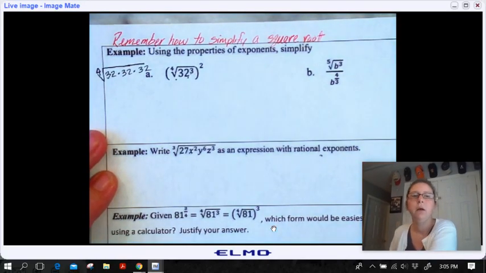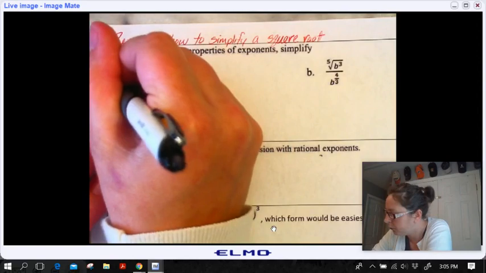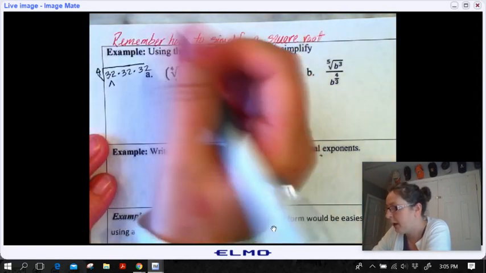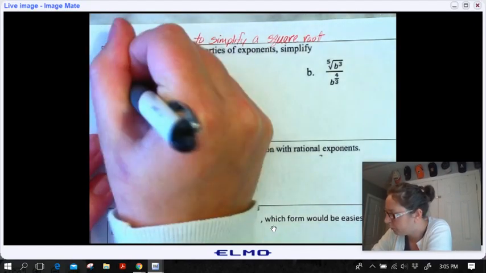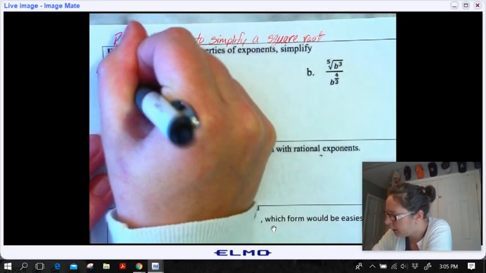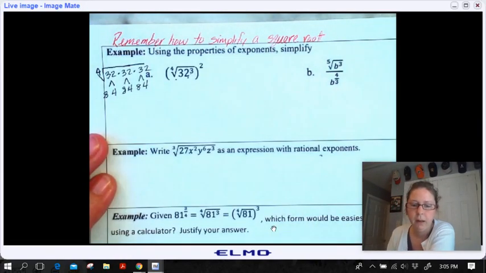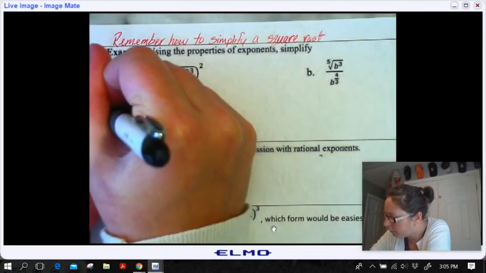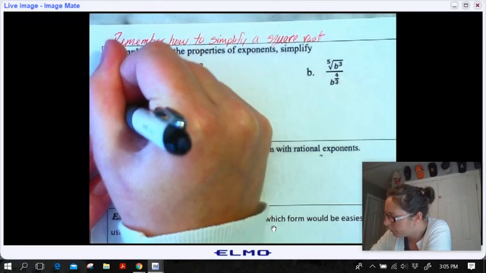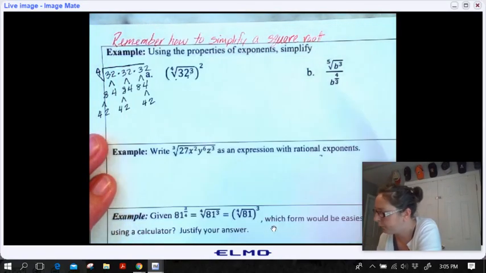Okay. Next, what I need to do is break these down further. So this would be the same as 8 times 4. And actually, they all would. 8 times 4. Okay. And then I can break the 8s down into 4 times 2, 4 times 2, 4 times 2.